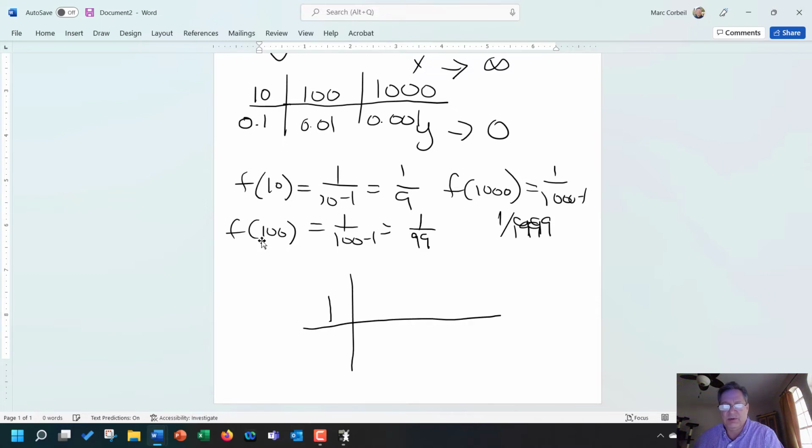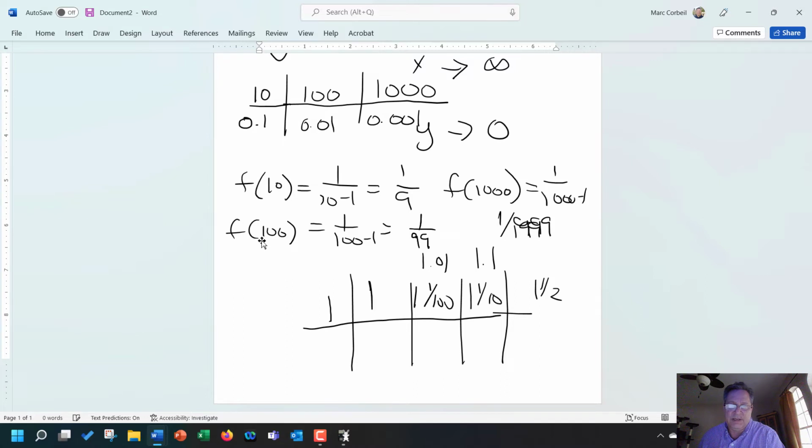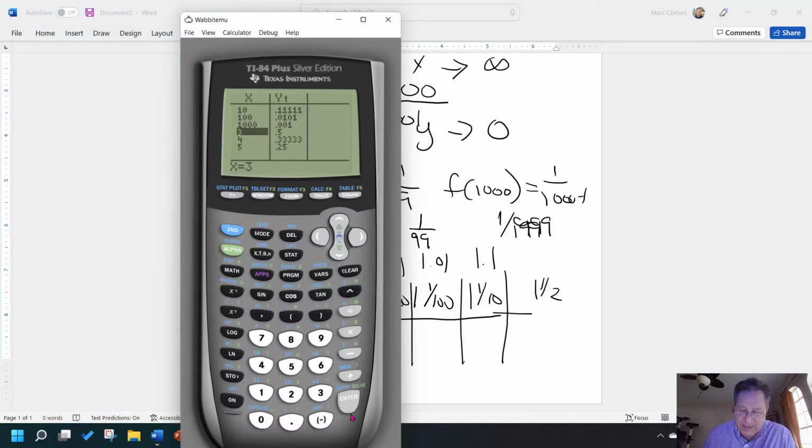And again, we want to approach 1 from the right side. So we would do something like 1.5, maybe 1 1/3, but I'm going to do 1 1/10, or 1.1, 1 100th, or 1.01, and then, of course, 1 1,000th, which is 1.001. So on the calculator, we'll do that sort of thing.